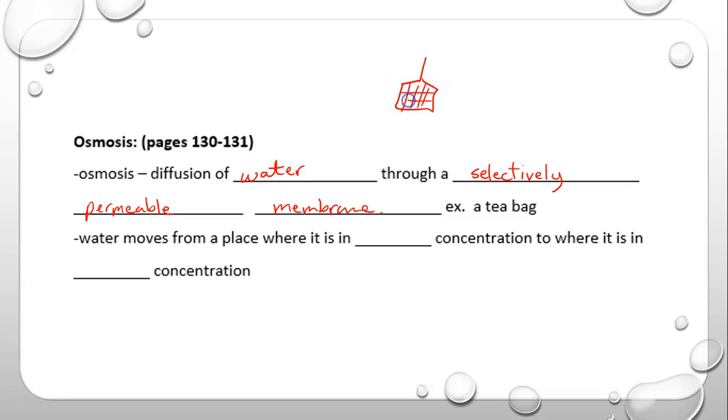It's this mesh bag, it allows water to go through, right? But the tea leaves stay inside the tea bag. And again, water is going to move from a place of high concentration to a place of low concentration, just as in regular diffusion.